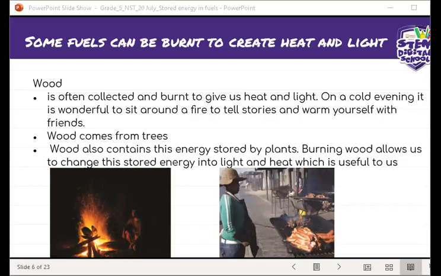It was formed by plants millions of years ago. Figure 5, paraffin is a liquid fuel. We can use this fuel in paraffin lamps for light or paraffin stoves for cooking. Figure 6, candle wax is a fuel that is burned to make light and some heat energy. And lastly, figure 7, petrol is a liquid fuel that is used to make cars move.